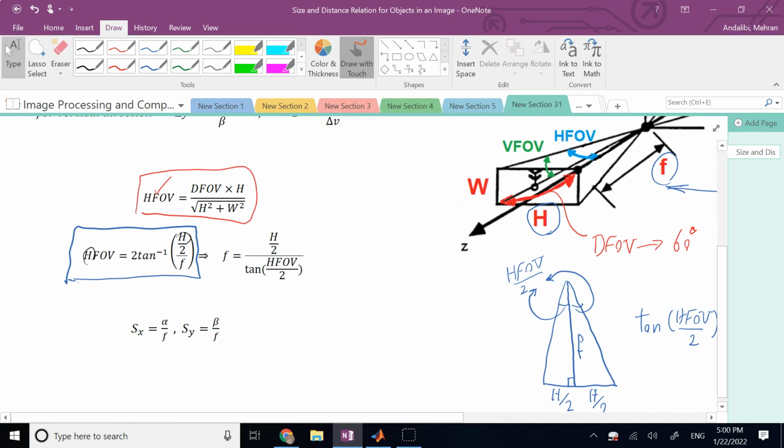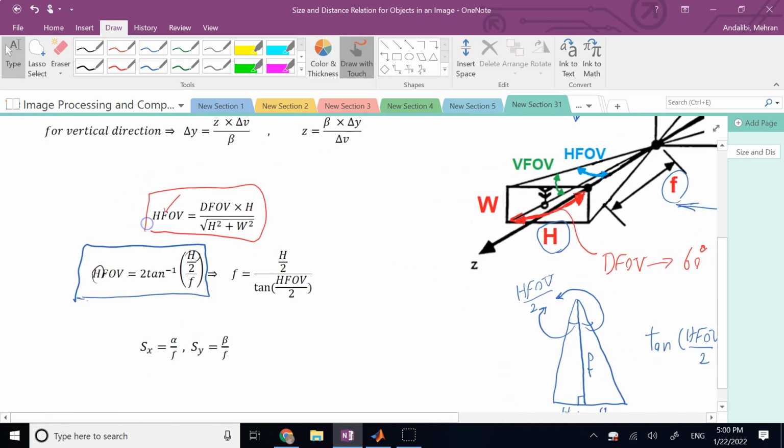So now let's say the manufacturer gave me the DFOV. This DFOV you can easily find on any manufacturer's website. They give you DFOV, say the angle of view of this camera is 60 degrees. Most probably it's the diagonal, not horizontal or vertical.